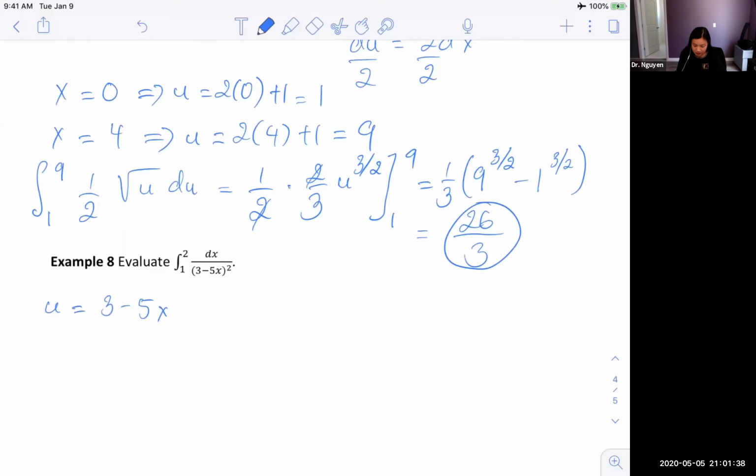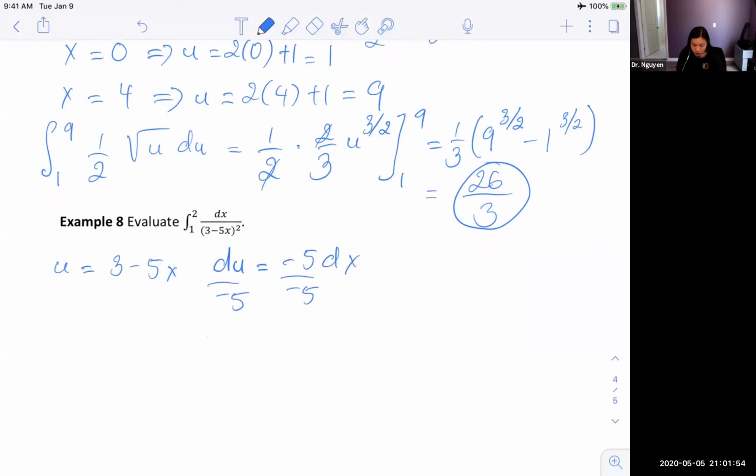So it's kind of obvious. Anyway, if u equals 3 minus 5x, du is going to be negative 5 dx. So I do want to get rid of that negative 5. Okay, now u equals 3 minus 5x.